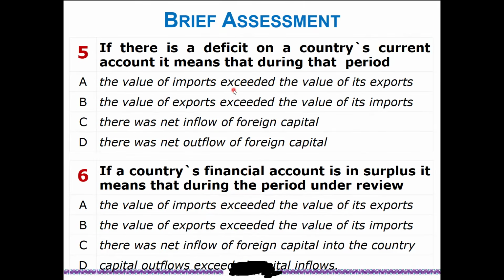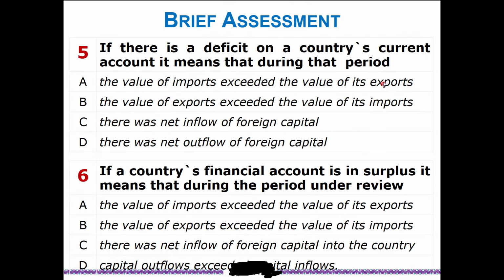So let's go back to number five, saying that if there's a deficit on the country's current account, it means that during that period our imports are greater than our exports, right? Remember, imports is us buying from them, so money that is going out. So this is an expense.